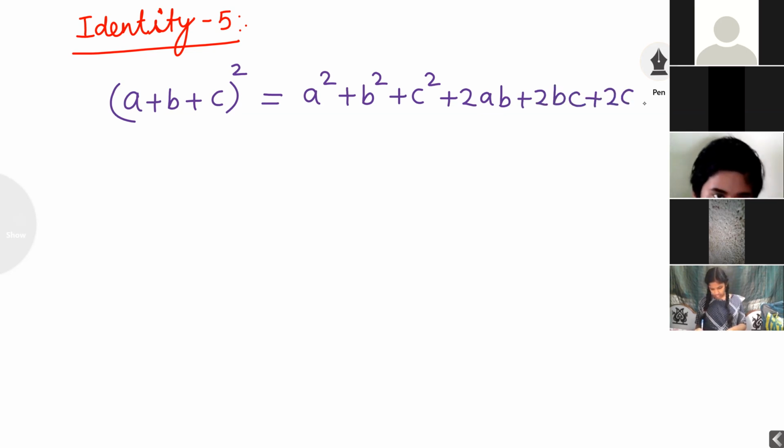Very easy formula, students. A square plus B square plus C square plus 2AB plus 2BC plus 2CA. This is called a special identity.